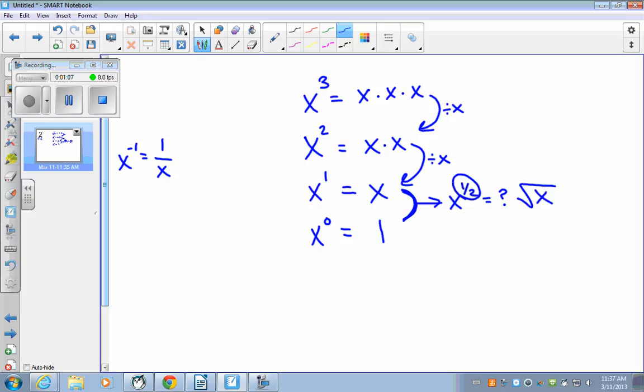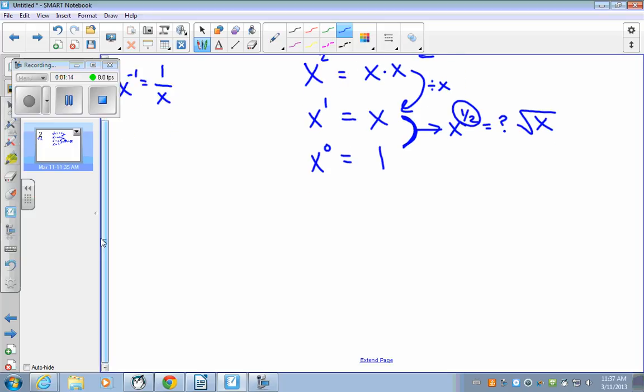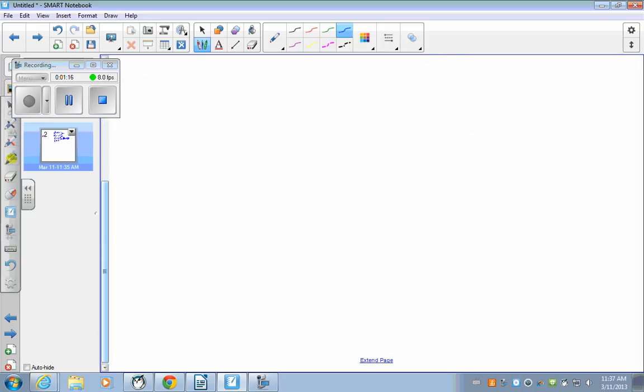So we're talking about what goes in between those. The way that I would encourage you to remember this is to think about any number, and I just use x because it's a nice variable. But any number, when you have just a power or an exponent, you know that means x times itself that many times.